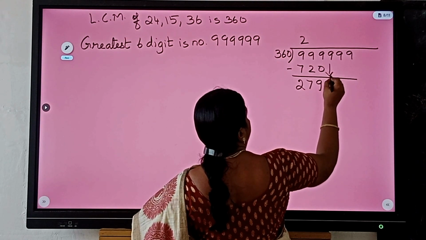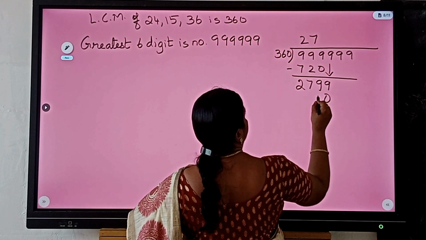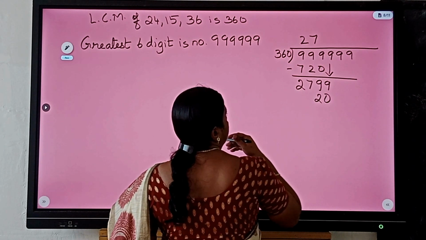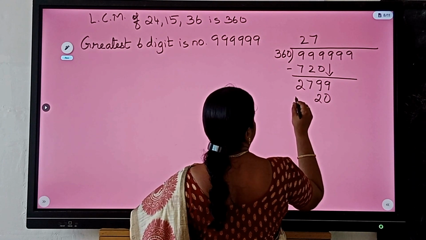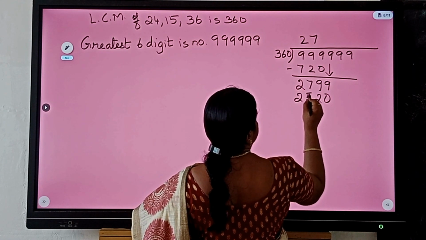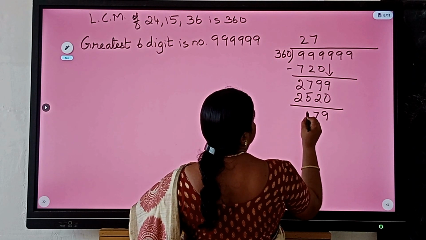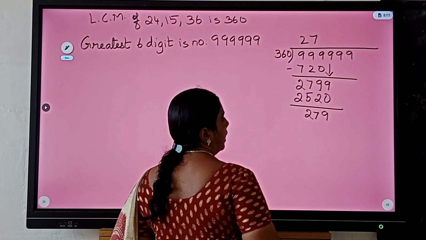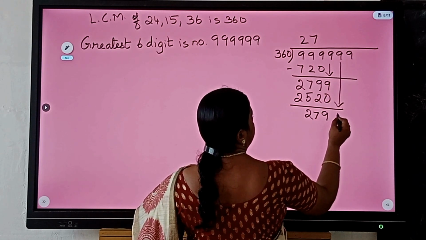I bring this 9 down. Again, 7's are, let's say we will multiply 360 into 7, 2520. The remainder will be again 279. You bring down the next 9.